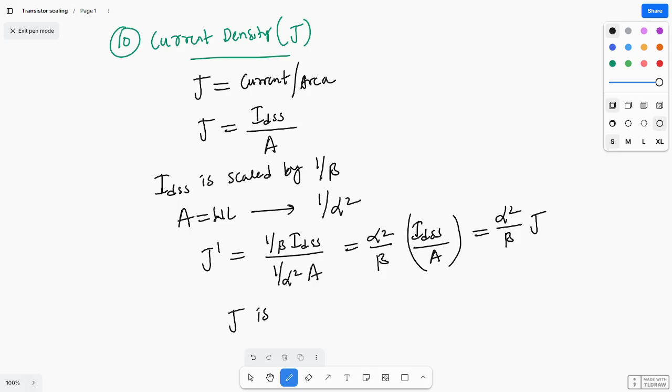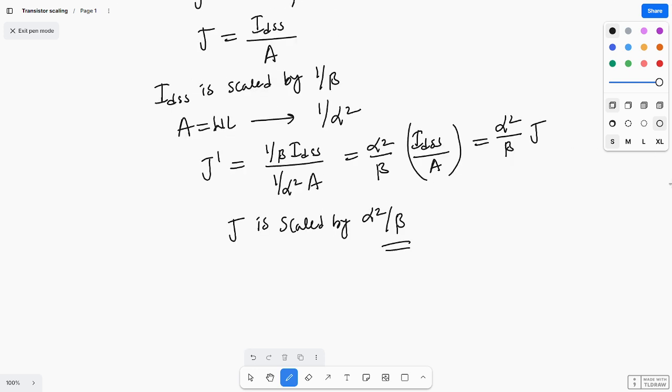J is scaled by alpha square by beta. Okay, so this is current density.